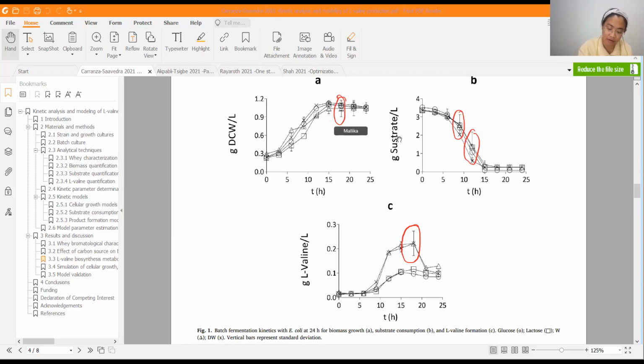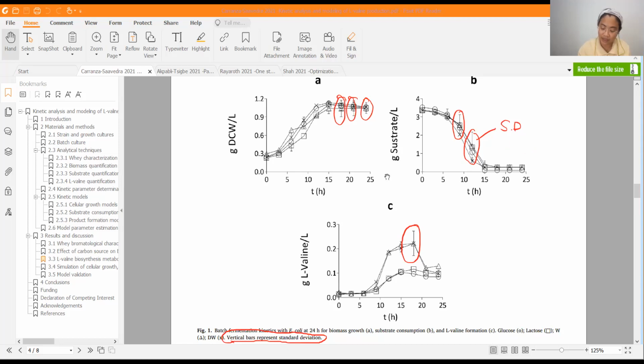Each point has an error bar, so you know that they are doing some sort of repeats. And for this error bar, some people just use SD, some people use the PL errors, so it's the difference from the average. And see that they said vertical bar represents standard deviation.